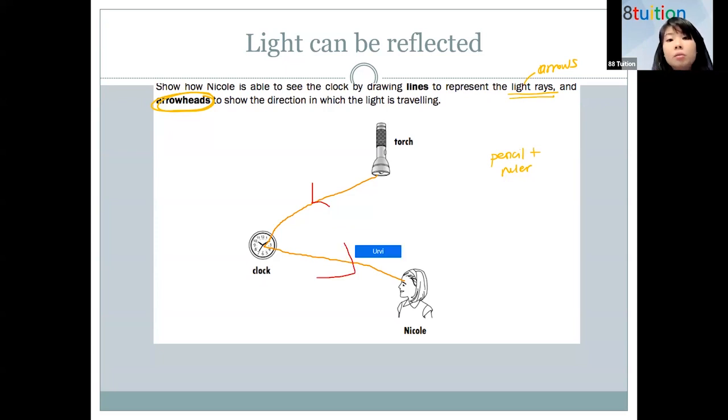Okay. Now, Ziyi, does this look correct? Yes or no? Ziyi? No. What's wrong, Ziyi? I think the arrow should be below a little bit. Below? What do you mean below?